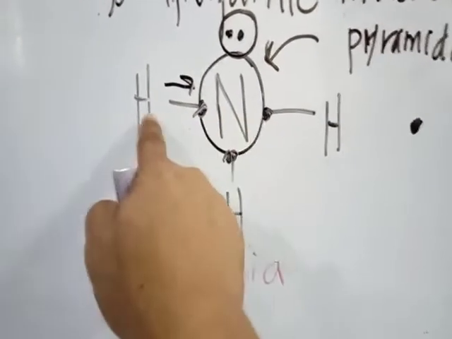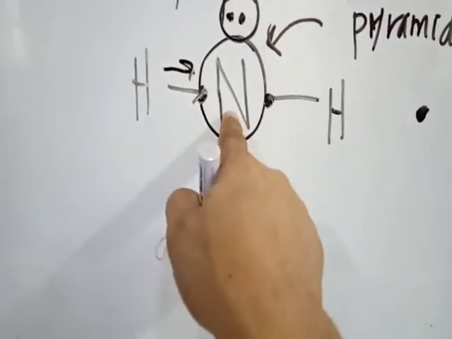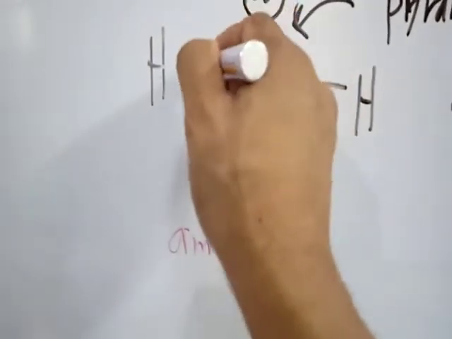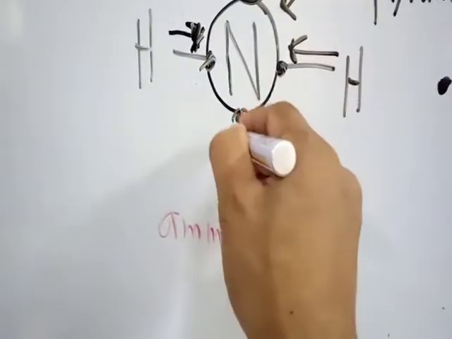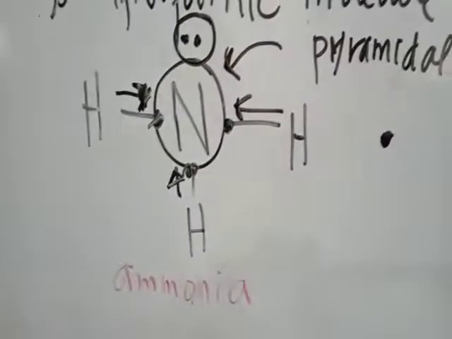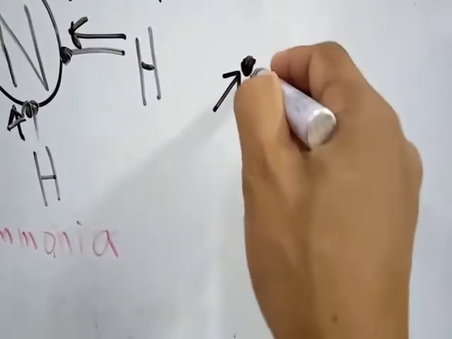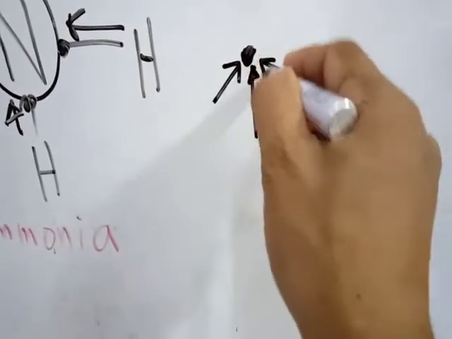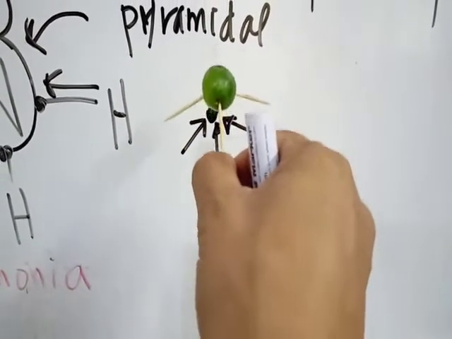They are both non-metal, and they are not identical. So this is a polar covalent bond, polar covalent bond, polar covalent bond. If you were to draw it, it would look like this.